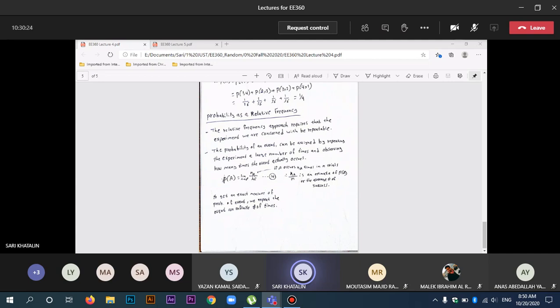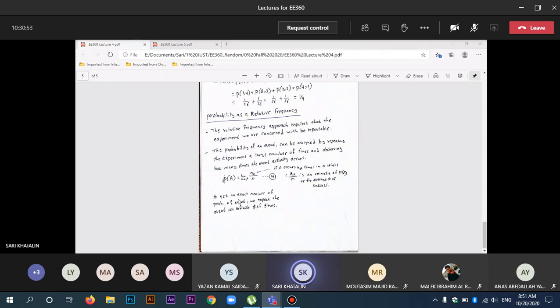And NA is the number of times of, say, a tail, if you're looking for how many times you receive a tail or head, or a specific outcome. So you write the number on top, divided by the total trials. The larger n, the more accurate the probability will be.